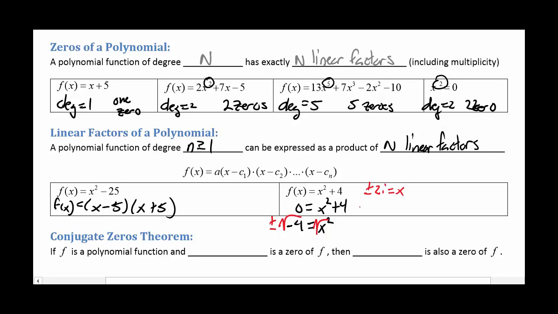So I can rewrite this in terms of a set of factors that have complex roots. I can rewrite it as x minus 2i and x plus 2i. But again, the point being that I can rewrite any polynomial in terms of a set of linear factors, and I can essentially write it out in its factored form for any type of factors that I want.